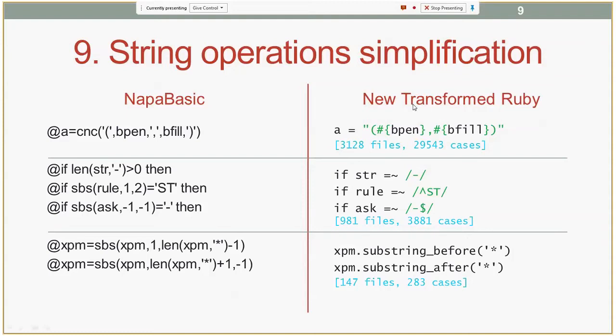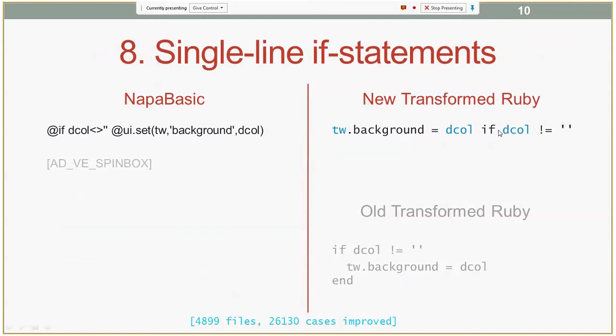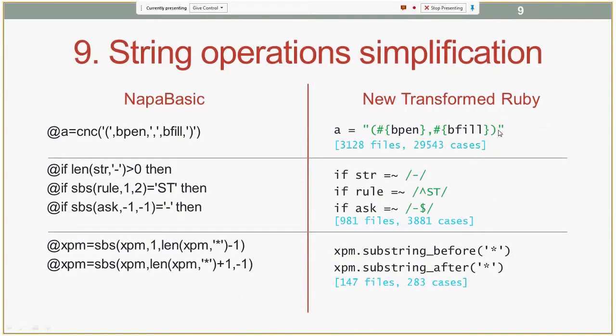Every case like this, the string interpolation, takes at least a few seconds, perhaps a few minutes, for a programmer to fix, and there's also the possibility of making some error there and then having to fix the bugs of this error. But now with this one rule change, we got like 29,000 cases fixed, so it's much more efficient.